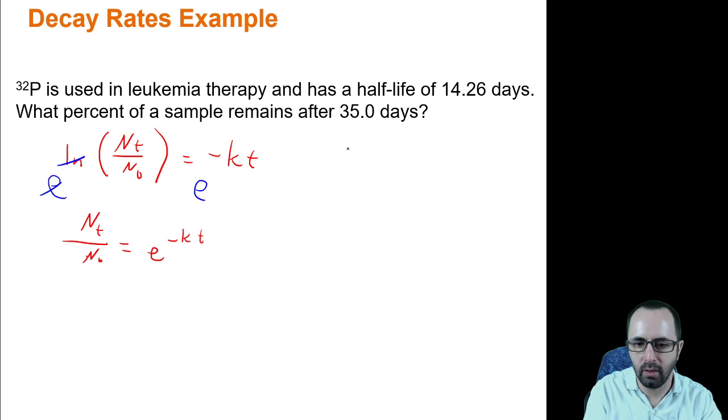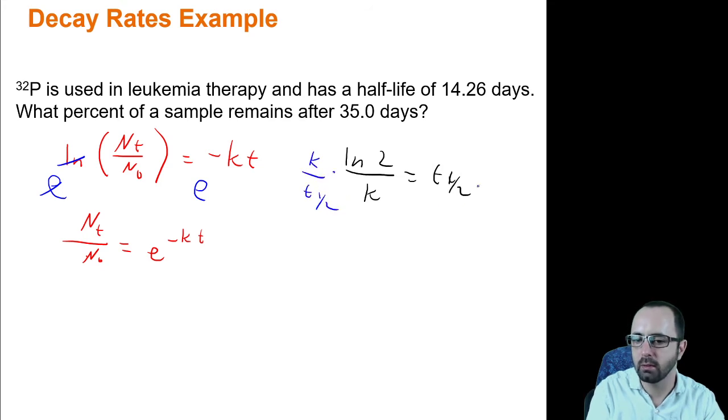We had the equation that the natural log of 2 over k equals T1/2, the half-life. So if we multiply both sides by k, and divide both sides by T1/2, then our k's on this side will cancel, and our T1/2's on this side will cancel.